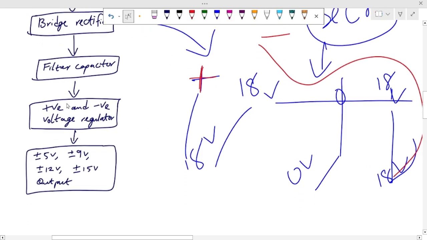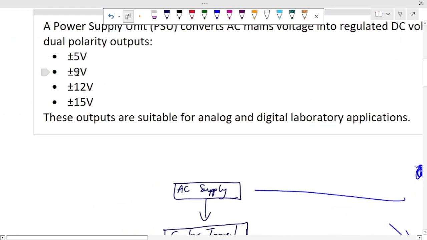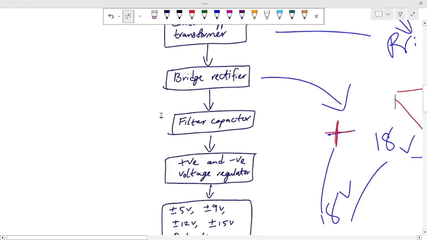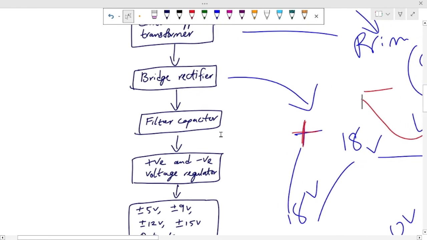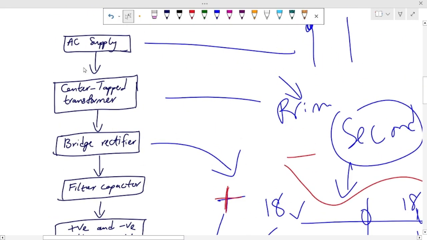But what do we need? We need 5, 9, 12, and 15. So before we get to where we regulate the positive and negative voltage, we have the filter capacitor. We came from the AC supply to the center tap transformer to the bridge rectifier.